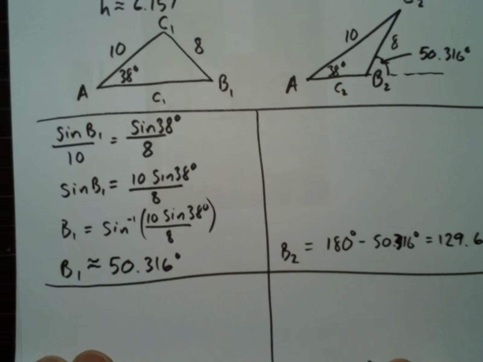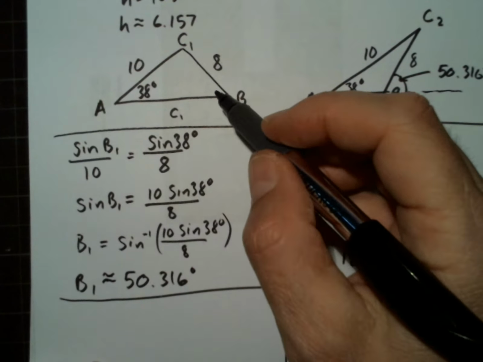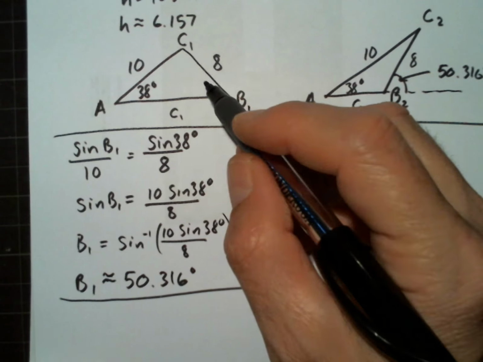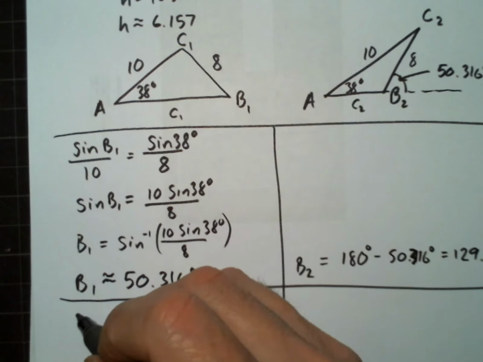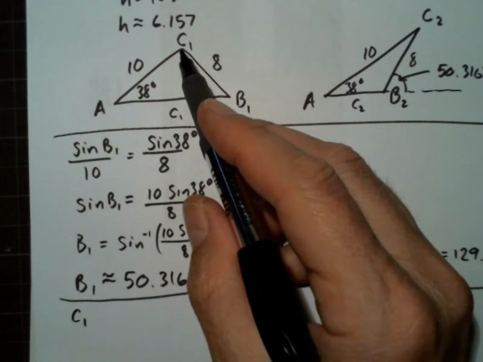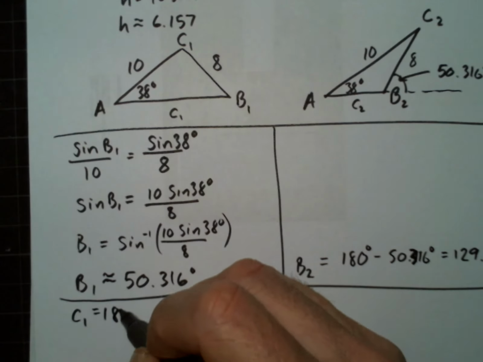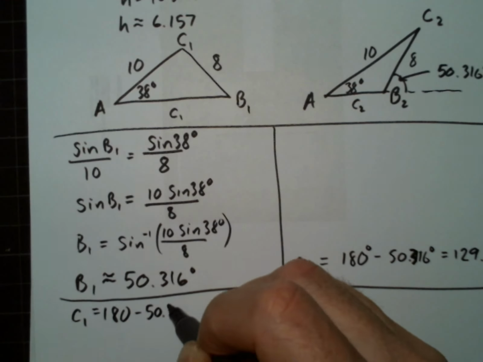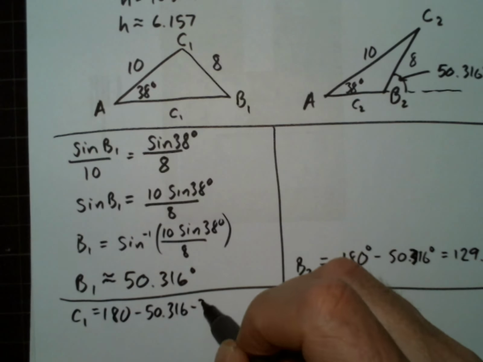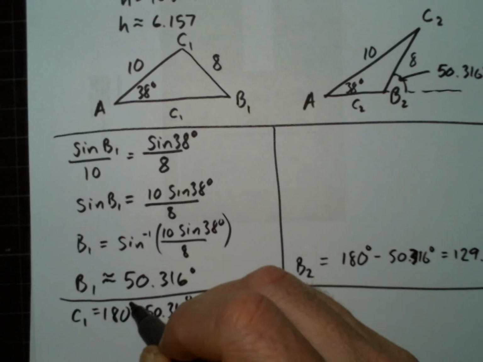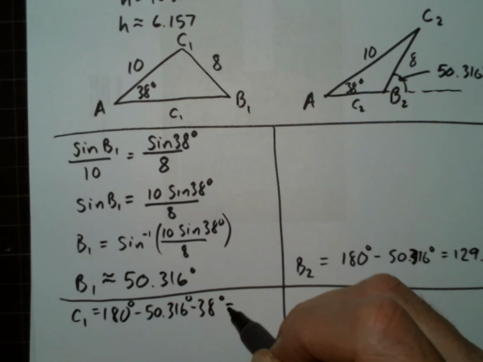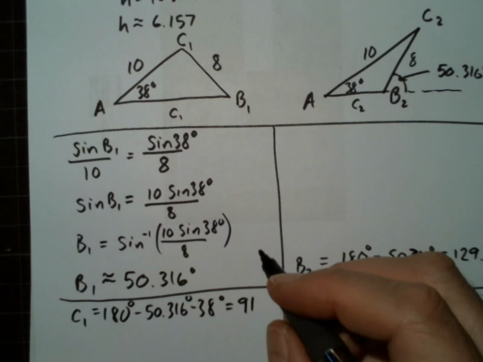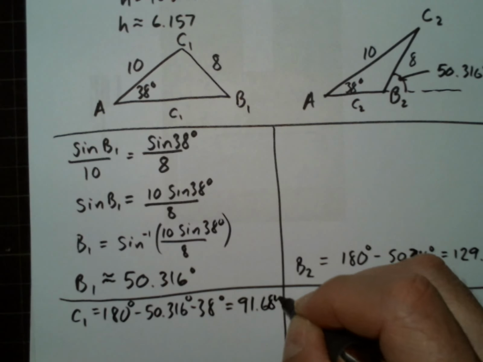Back on this triangle, now we have two angles, so we can find the third angle just by subtracting from 180. So angle C1 is 180 minus 50.316 minus 38, and we get 91.684.